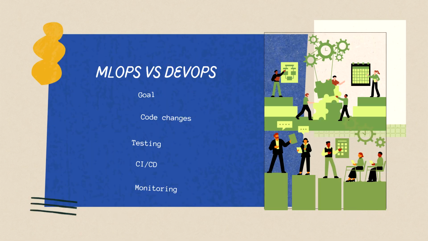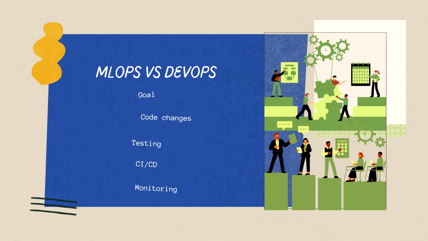First is the goal. The goal of DevOps is to deliver software fast, but the goal of MLOps is to deliver ML models fast. If there are code changes, DevOps is focused on the application code, but MLOps is focused on both the code and the data.